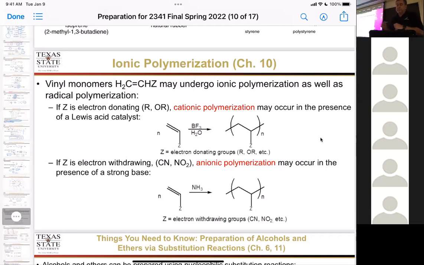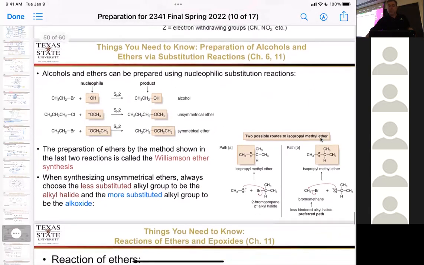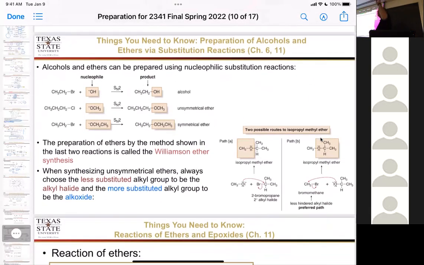All right. So let's go back to alcohols. Okay, we formed alcohols in 2 chapters, technically 3, because we formed them in chapter 6 using nucleophilic substitution with hydroxide. We also did it with a weak nucleophile, like with water. We could do it with water if it was a tertiary substrate.